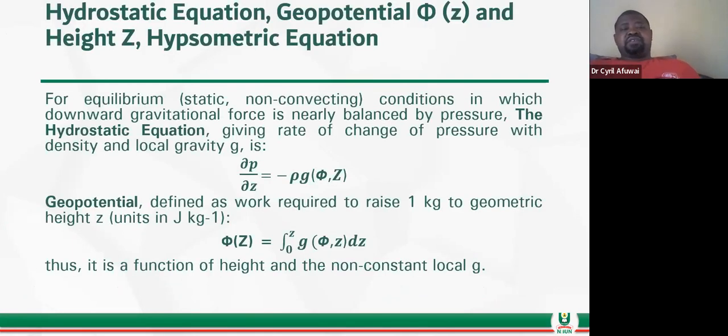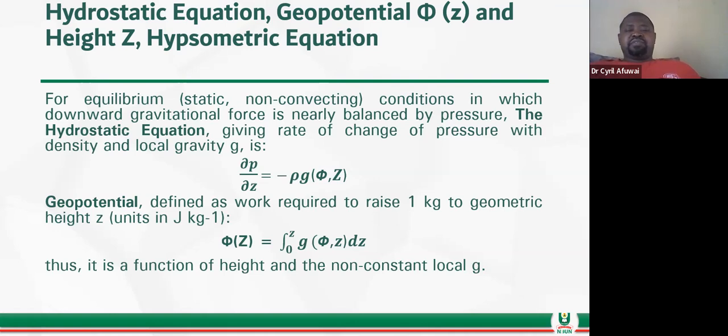Now, hydrostatic equation, geopotential, which is phi of Z, and height Z, and then hypsometric equation. Now we'll take them one by one, try to understand.